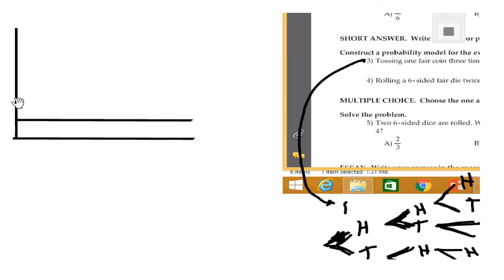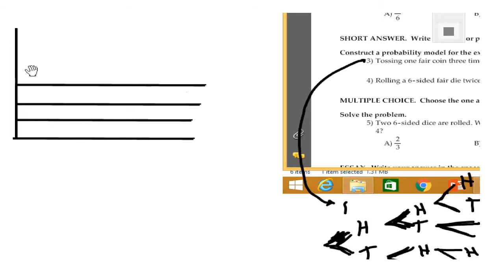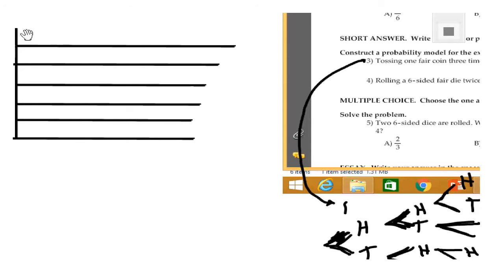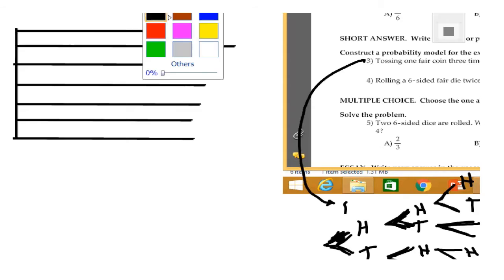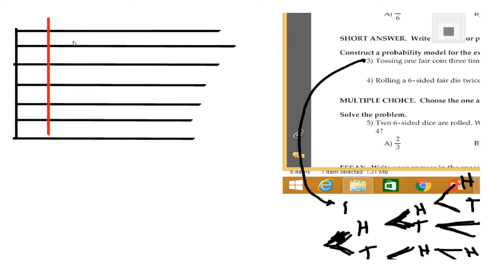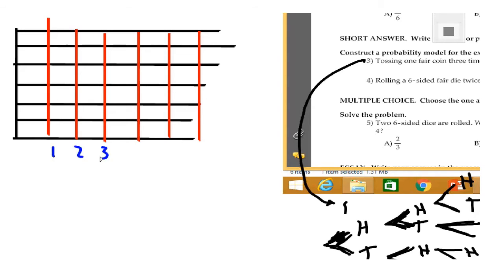Then 1, 2, 3, 4, 5, and 6, and 1, 2, 3, 4, 5, and 6. So the first throw, 1, 2, 3, 4, 5, and 6 for the first throwing. And the second one is 1, 2, 3, 4, 5, and 6.